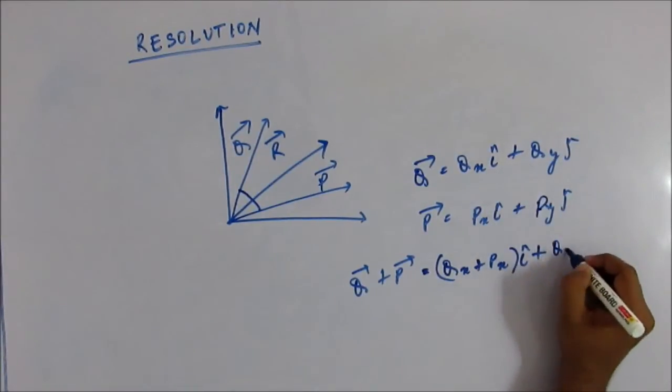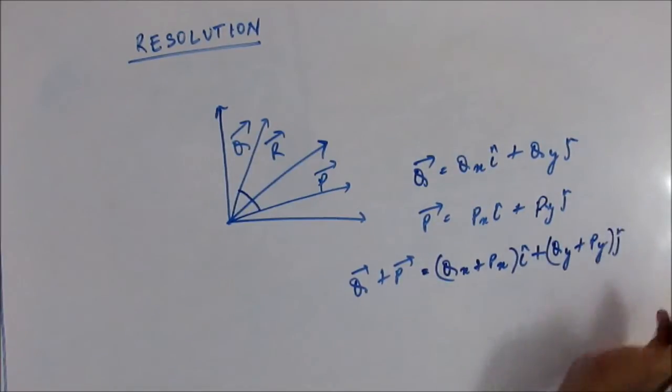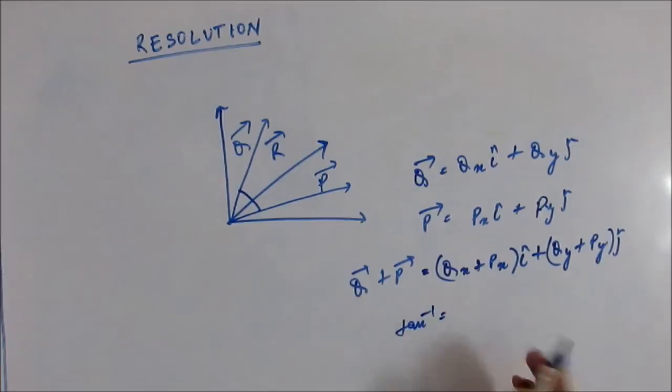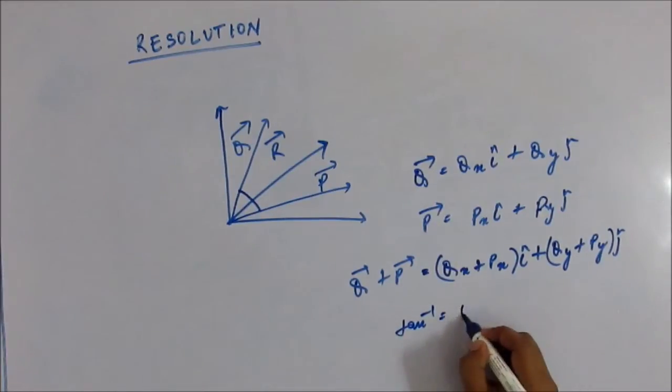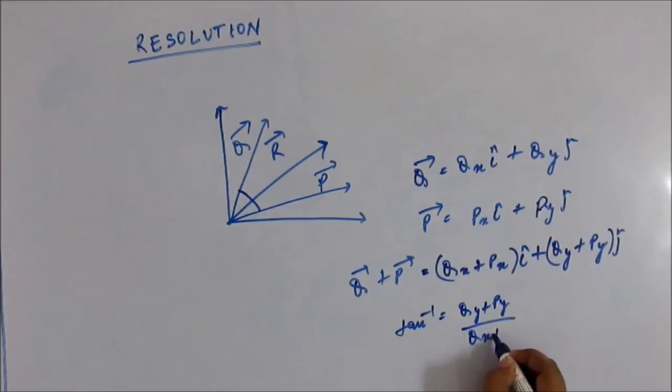So you will have qy plus py j cap like this, and you know the angle the resultant vector makes with the x-axis: that is tan inverse of y component upon x component, that is qy plus py upon qx plus px. So the analysis becomes simple. That's why we learned it.